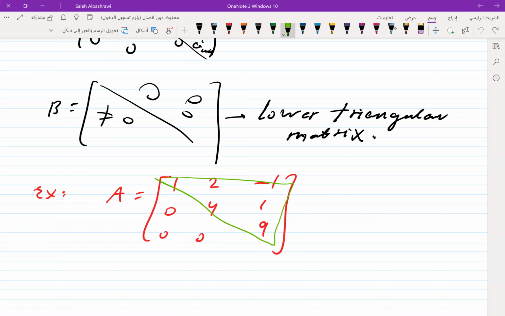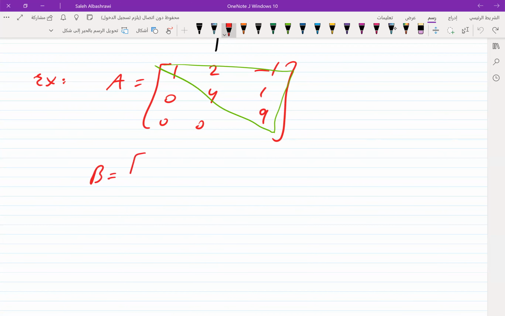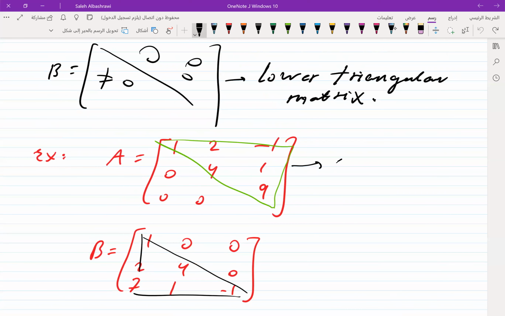This is lower triangular. And B, say it is 1, 2, 7, 0, 4, 1, 0, 0, minus 1. This one is upper triangular matrix.